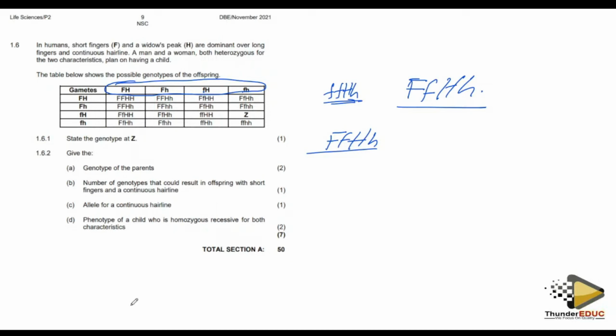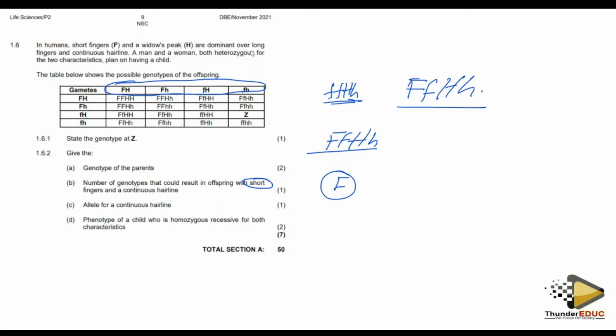So in this case, we are going to say the number of genotypes that would result in offsprings with short fingers. Let me underline this. They're saying short, but short, what did they say? Short is the capital F, dominant. So I'm going to look for anywhere I have capital F. And then they're saying continuous hairline.